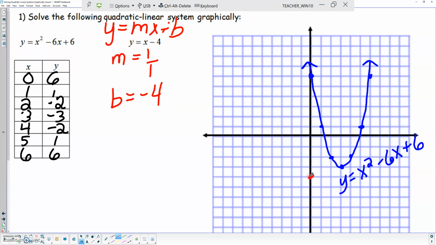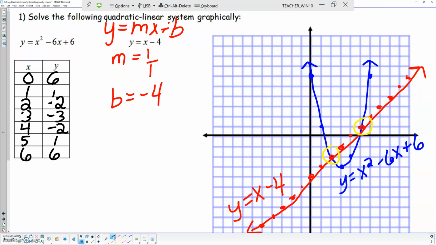So I'm going to start at -4 on the graph, and we're moving up 1 over 1. Okay, so we can see here we have 2 points of intersection, so we have 2 solutions.